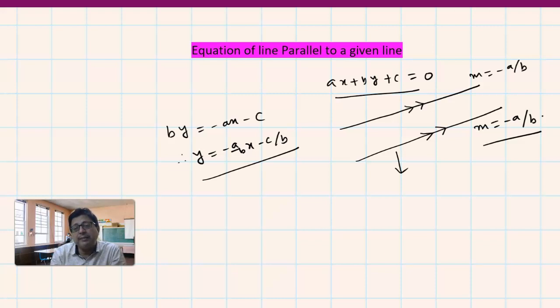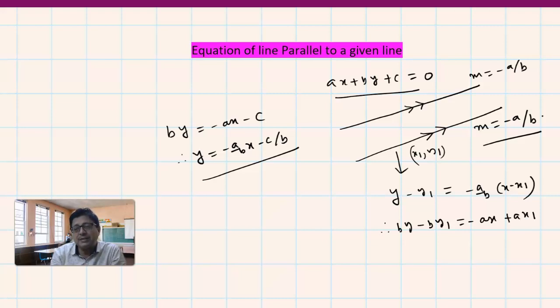This line can be written as y minus y1, say the point x1, y1 is on it, I mean one point form, equal to minus a by b into x minus x1. Now if you cross multiply, you will find minus ax plus ax1. So what do you observe? Ax plus by minus ax1.